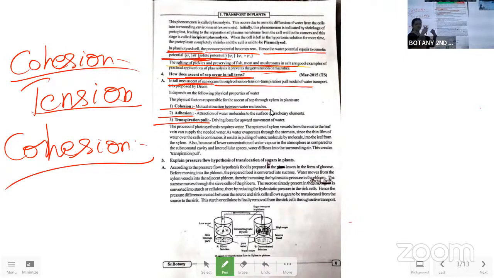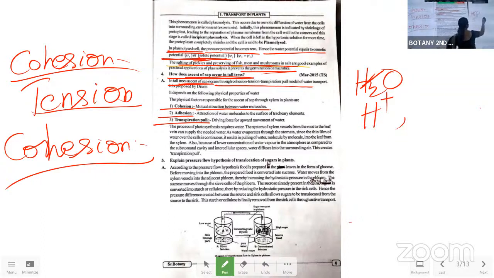Mutual attraction of the water molecules, because water molecules always have some attraction. There are positive and negative poles, isn't it? So water will not always be present in the form of H2O. What we write is H2O, but it is present in the form of H plus and OH minus ions.